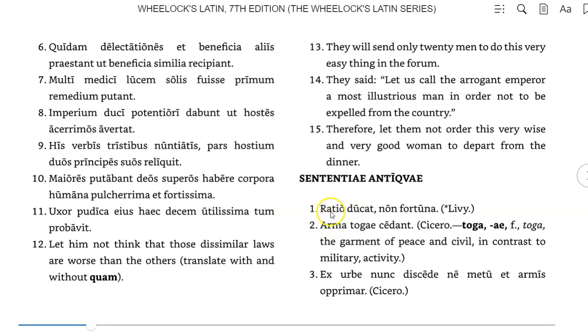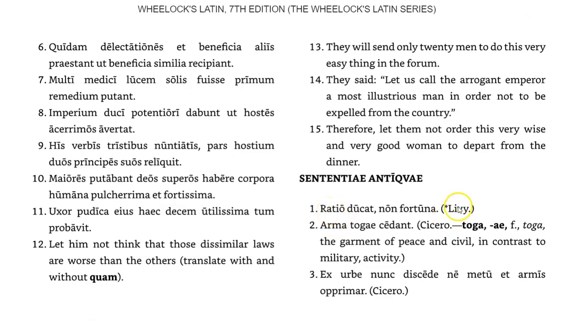So we go back to this, Ratio ducat non fortuna, Livy, the Roman historian. Ratio actually is the subject in this case, so we need to recognize reason, ratio, as the subject. So: let reason, not fortune, lead. You can see the verb is doing work for both clauses here, so you could change the word order.